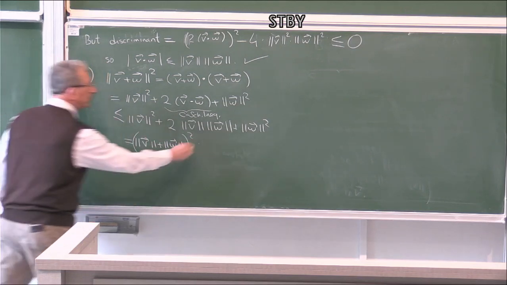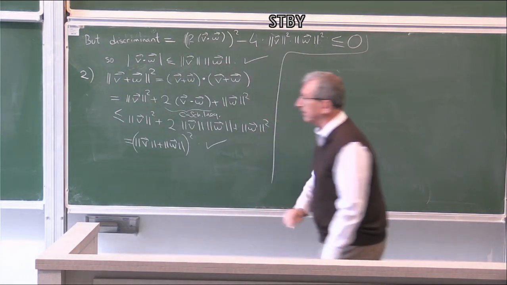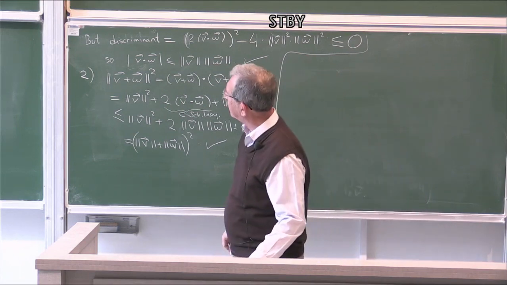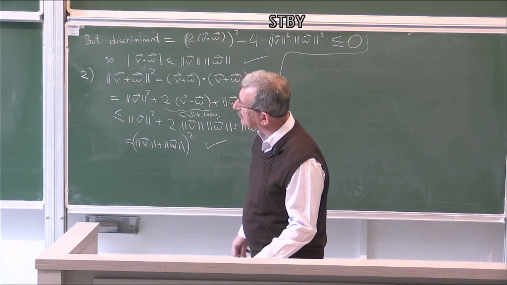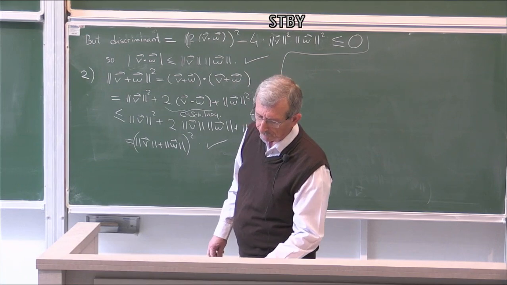Take the square root, and then we have the triangle inequality. These are simple proofs, but they are making a very difficult inequality to be shown in a simple way.